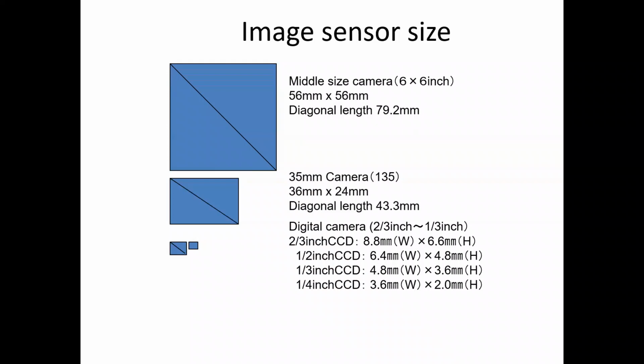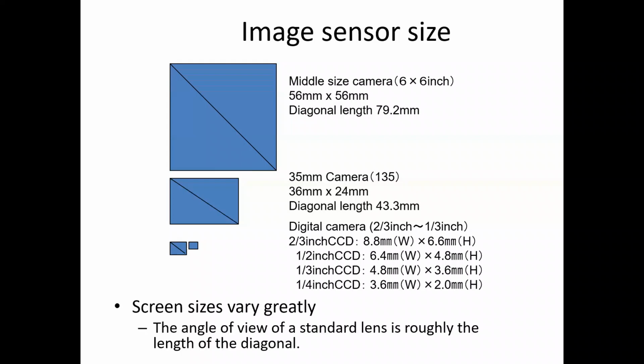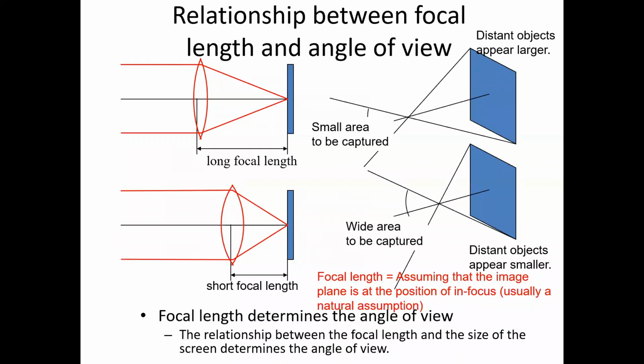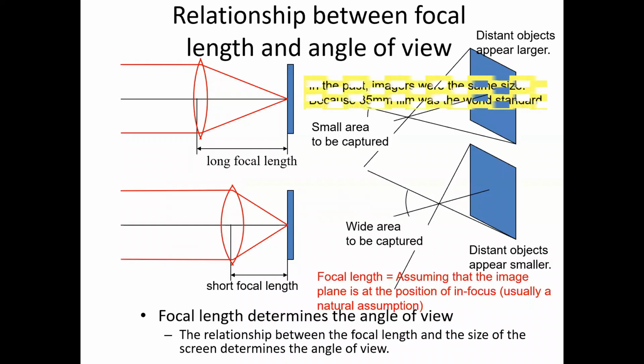That's the reason why now, for professional digital cameras, the image size is getting larger and larger. I think 1 inch is now very popular. 2/3 inch is still okay. But now I think the popular one is 1 inch or something. So this is the same as I already explained.